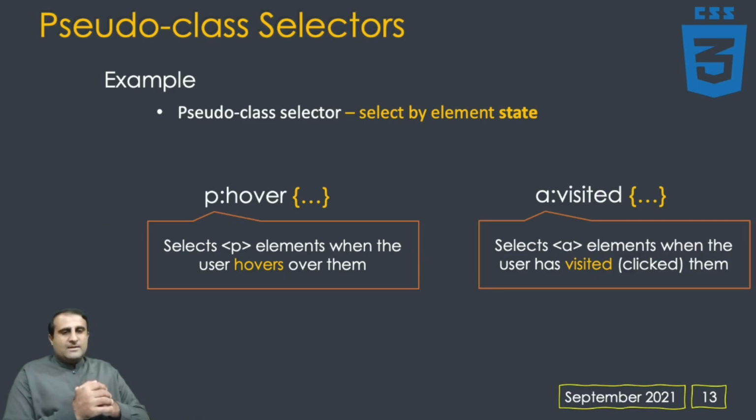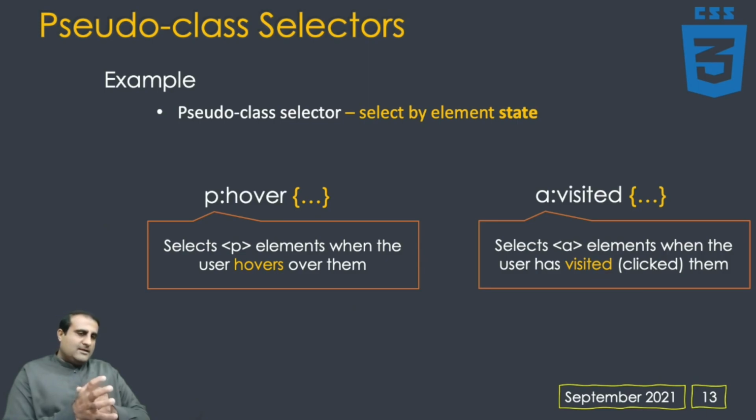Here on the left side we have p colon hover. Note the class is specified with the dot, and the pseudo class selector is specified with the colon. So colon hover means that the style will be applied to paragraph elements only when the paragraph is in the hover state, that is, when the user is hovering over the paragraph.